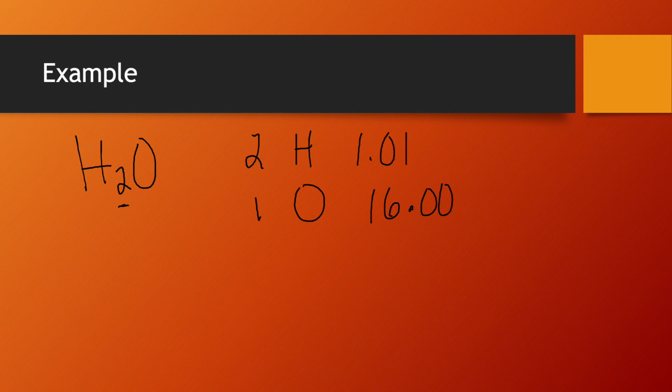Well, in order to find the molar mass, I have to take into account all of the atoms in the compound. So I have 2 at 1.01, which is going to equal 2.02, and then 1 atom at 16.00.